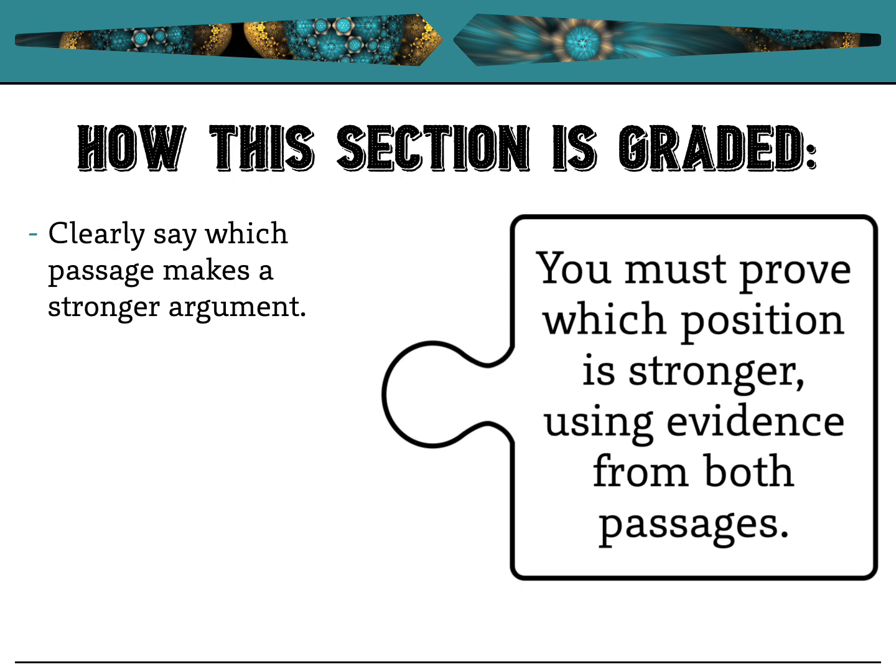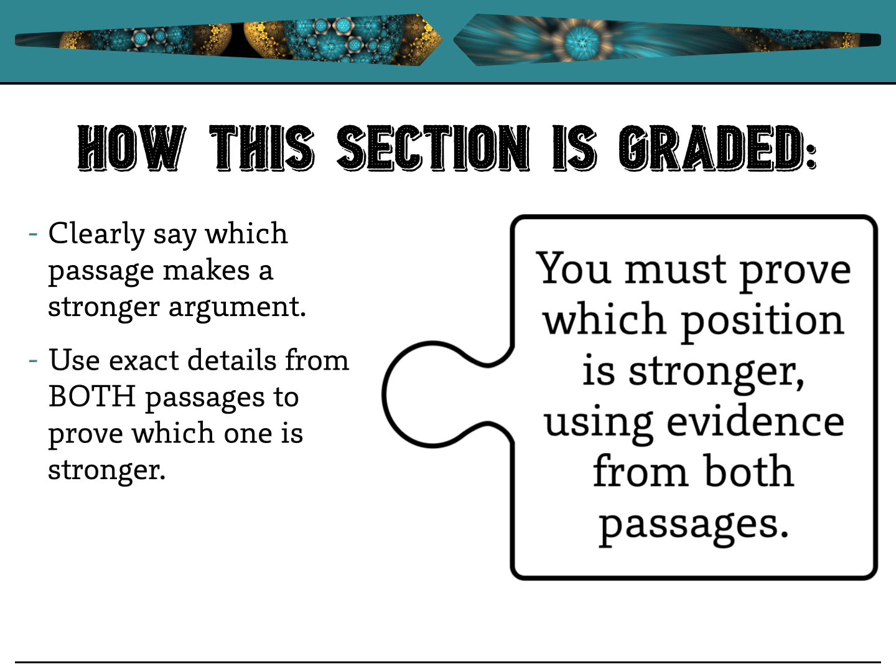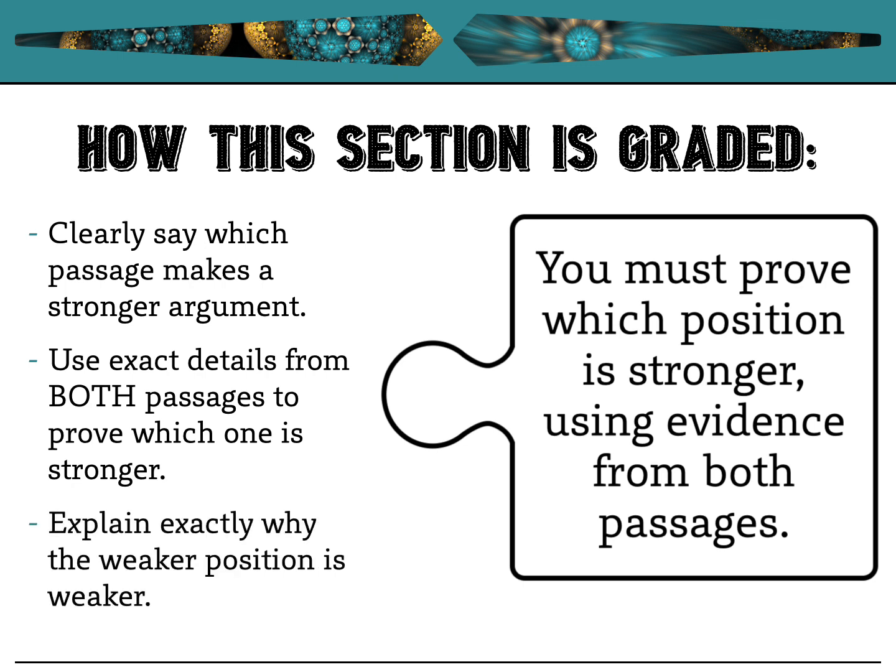There's lots of ways you can word that. They want you to use exact details from both passages to prove which one is stronger. And if you're a weak writer, you can even just directly quote from the passage. They want you to explain exactly why the weaker position is weaker.